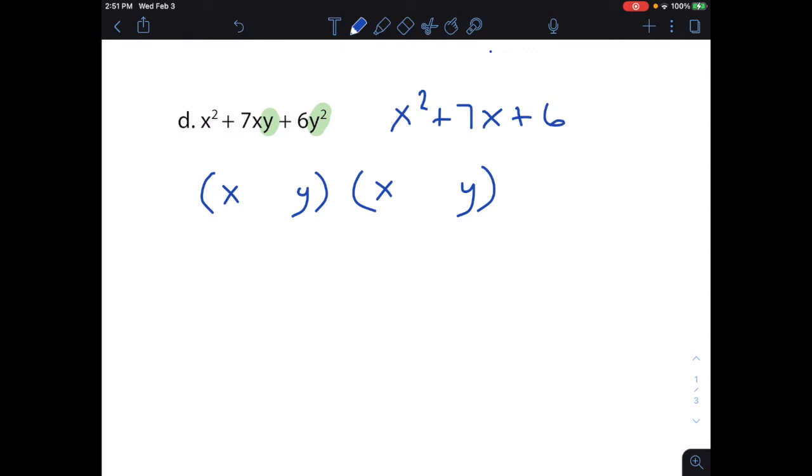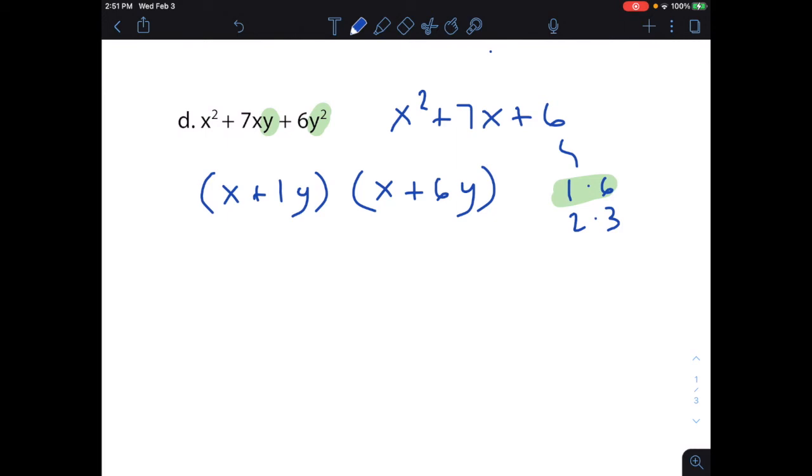that I need to now think about factoring so I can find the two numbers that I'm going to put next to the y. And hopefully this one's fairly obvious because there's only two factor pairs for 6. It's 1 and 6 and 2 and 3. And the one that adds up to 7 is 1 and 6. So I'm going to say plus 1y plus 6y.